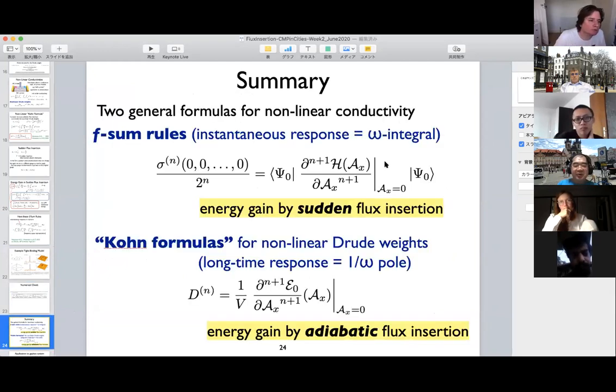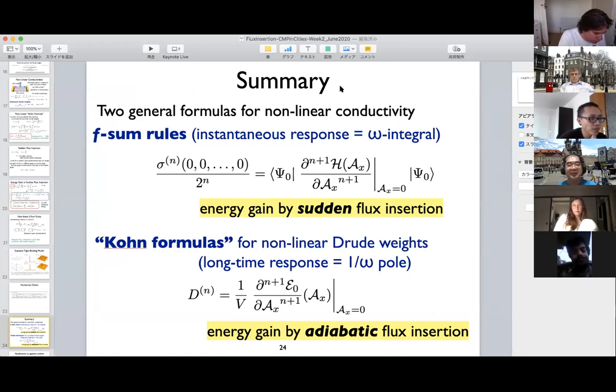Okay, so to summarize, in the latter part of my talk, we obtained two very general formulas for nonlinear conductivity. And one of them is the F-sum rule, a generalization to nonlinear ones, which naturally contains the linear F-sum rule, which has been known for a long time.